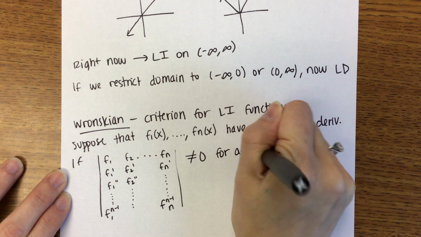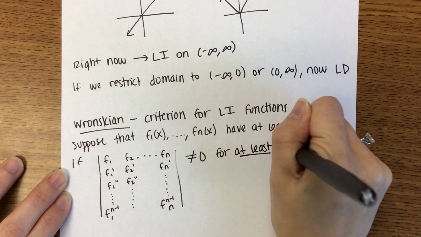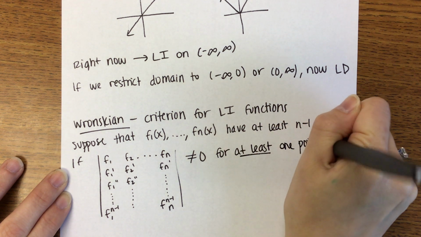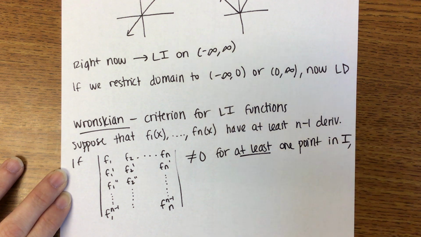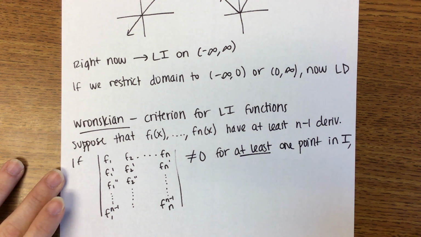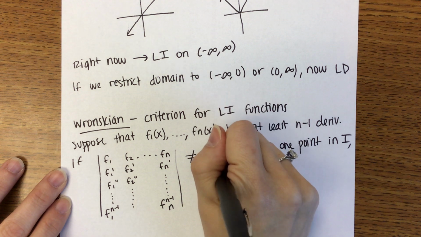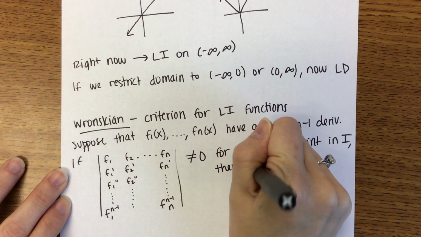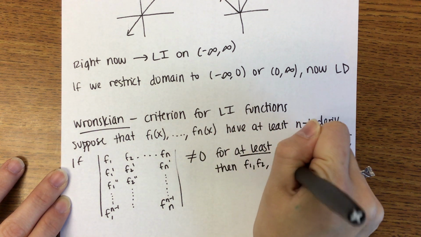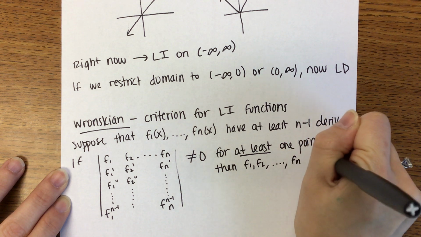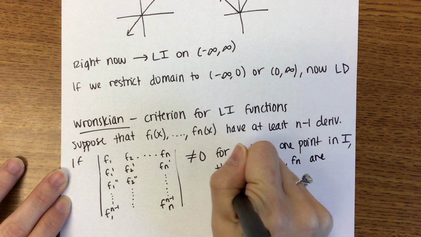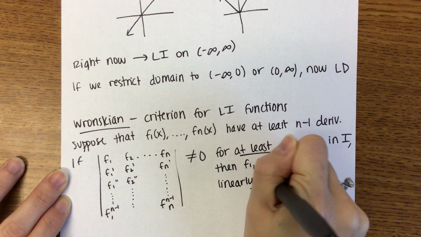If you just take the determinant of that matrix, and it is not 0 for at least one point in our interval I, so not every point, but at least one point, then we say that our functions f1, f2, all the way up to fn are linearly independent.